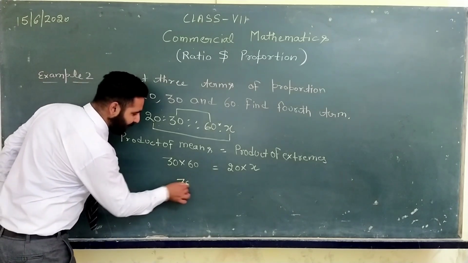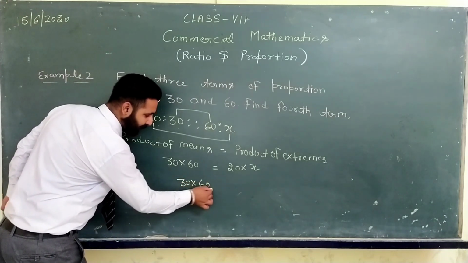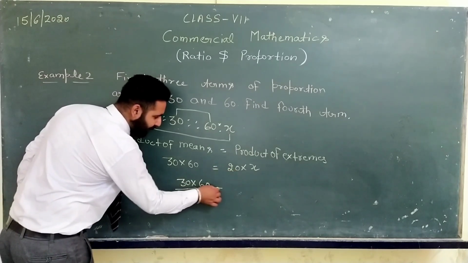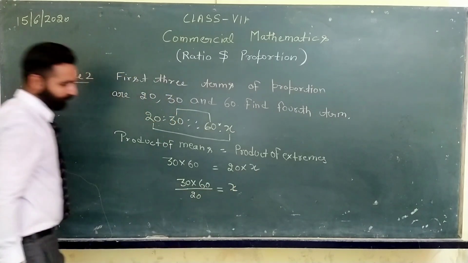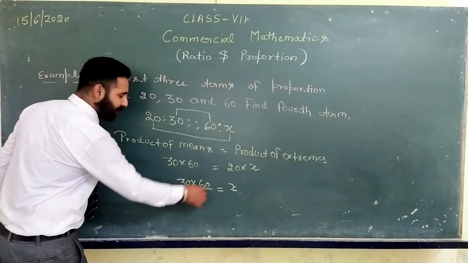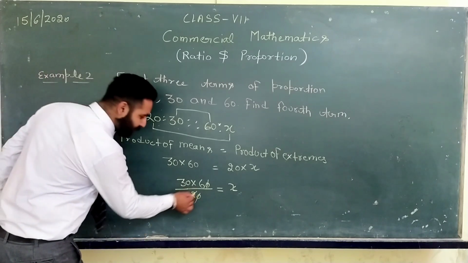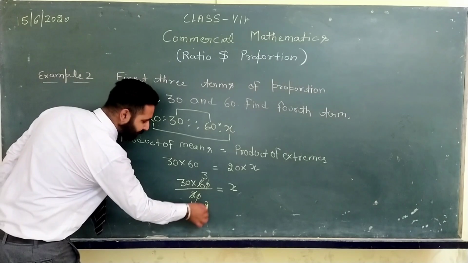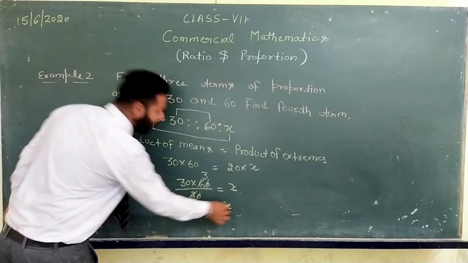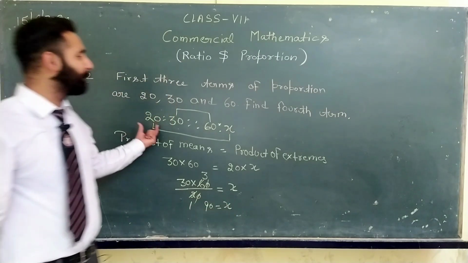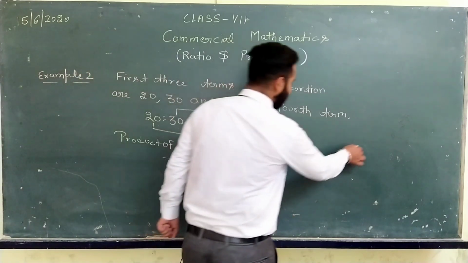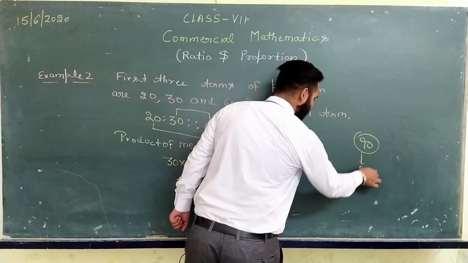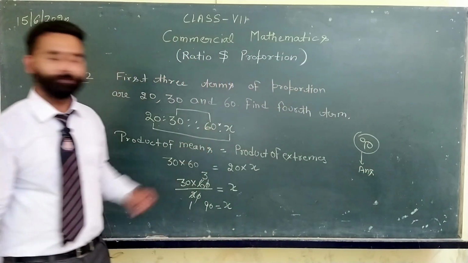So in the next step, 30 multiplied by 60 and this 20 will come in division, and this side is equal to x. So 0 will be cancelled by 0. 2 ones are 2, 2 threes are 6, and 30 into 3 becomes 90. So we can say the fourth term of the proportion is 90, and that is your answer with the value of x.